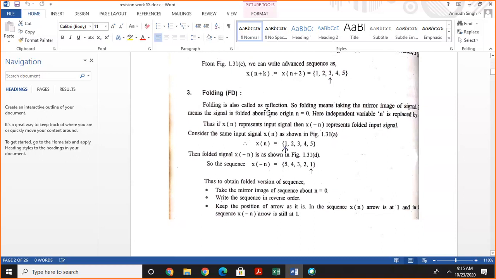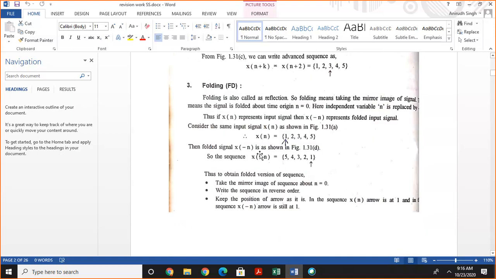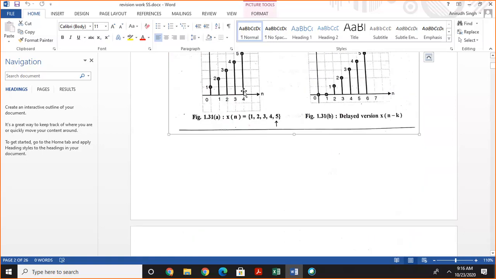Then folding is called reflection. If x of n is given by this same signal, then x of minus n is the mirror image of this. So if we take the mirror image of this signal, we get first signal, second, third, fourth, and fifth.